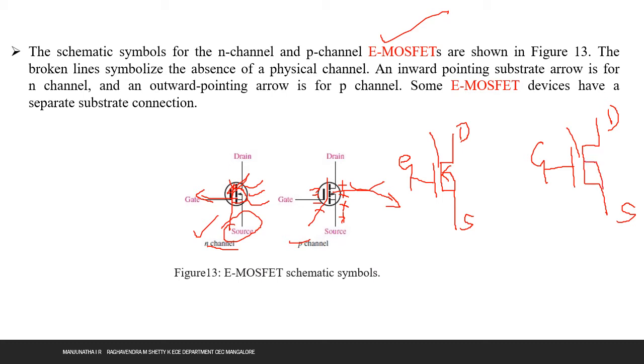To tell the difference between P channel operation and N channel operation, for an N channel it is an inward arrow, and for a P channel it is an outward arrow. These two indicate the same schematic symbols.